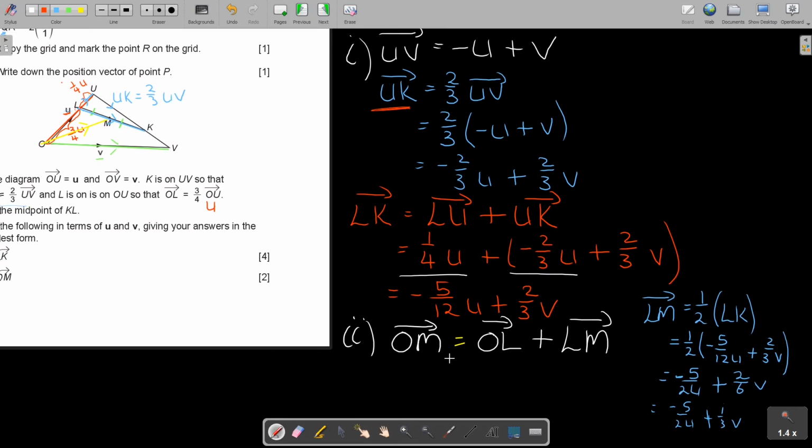Okay, so now I'm just going to go on with my one. What is OL? OL was that 3/4 u. It's just algebra now. Plus LM, there I found LM, and it's going to be negative 5 over 24 u plus 1/3 v. And that's going to give me, oh, I forgot here, the u. Do you see that?